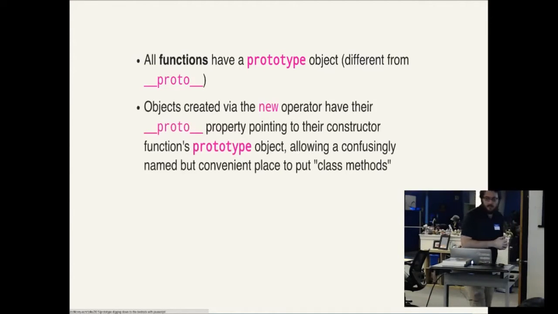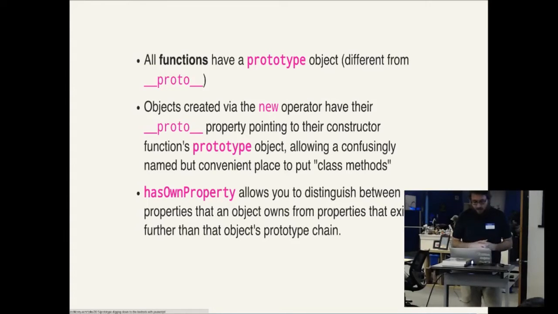And objects created with the new operator have their proto property pointing to the constructor function's prototype, which is a confusingly named but convenient place to put class methods. And the last thing I just explained: hasOwnProperty lets you filter out things an object owns from things that exist further down its prototype chain.